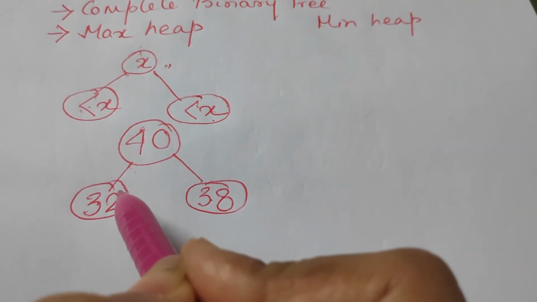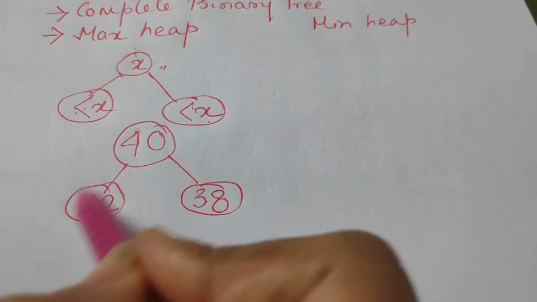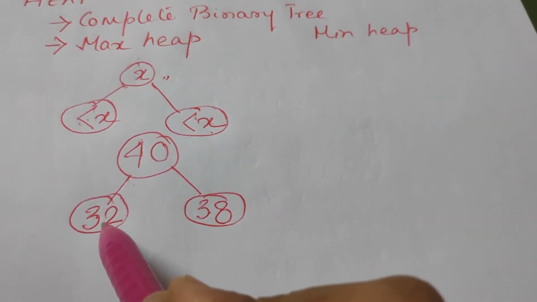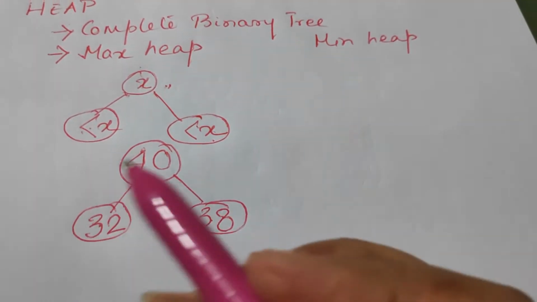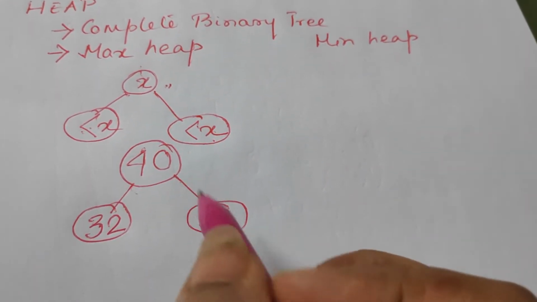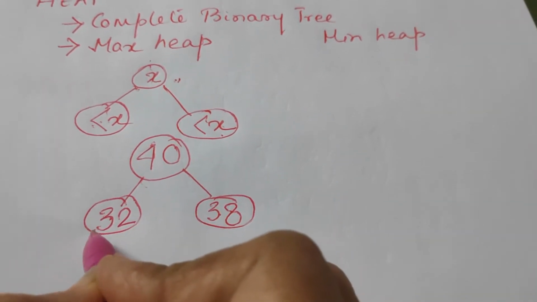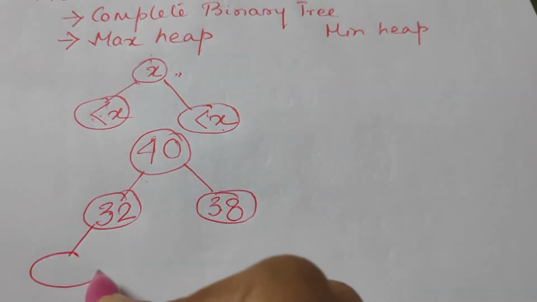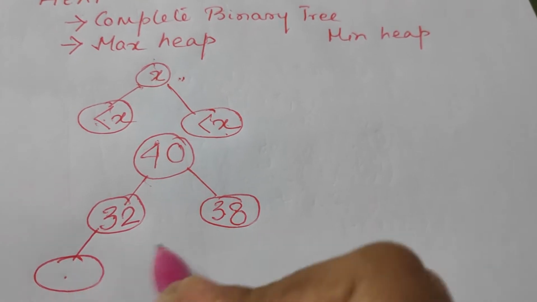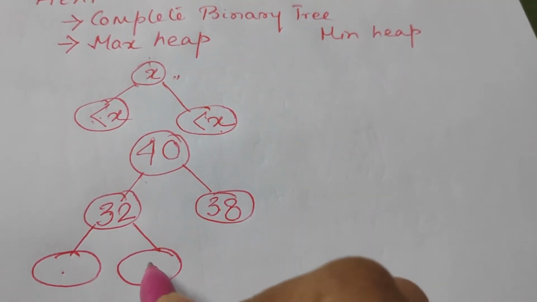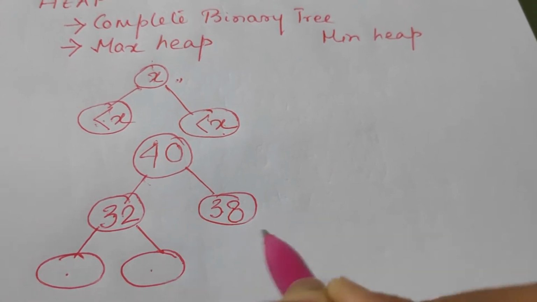Again, the node bearing 32 should also follow the condition of the max heap. That means all the nodes on the left hand side of 32 should be less than 32, and all the nodes on the right hand side of 32 should be less than 32.